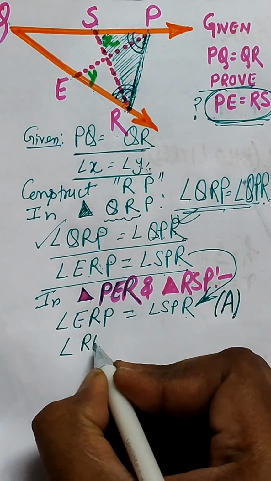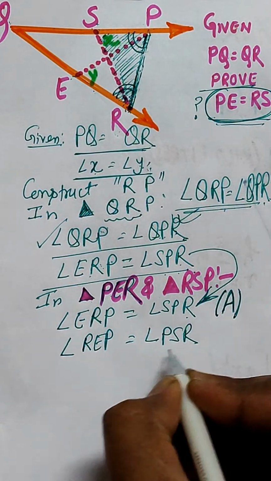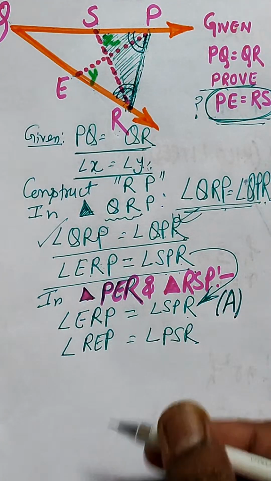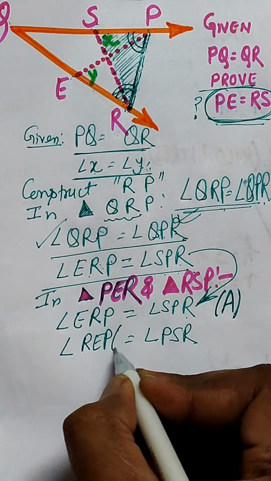So angle REP equal to angle PSR. REP is the same angle as angle Y.